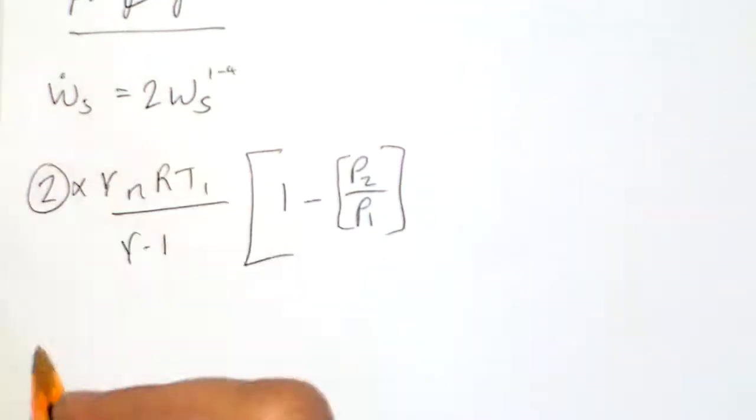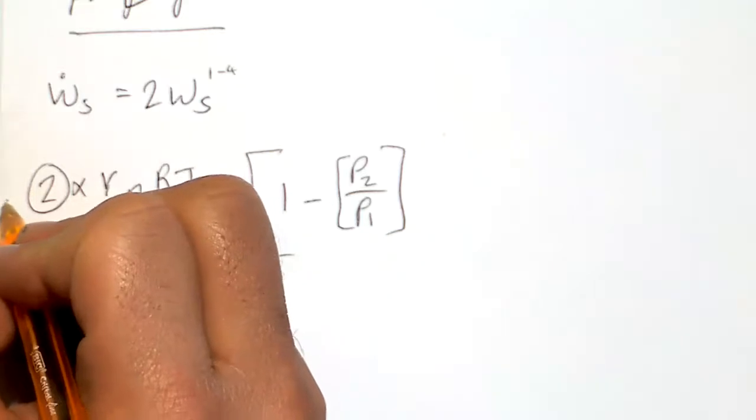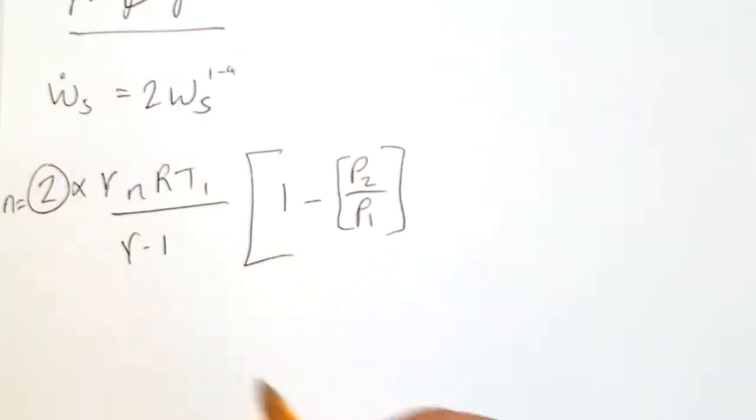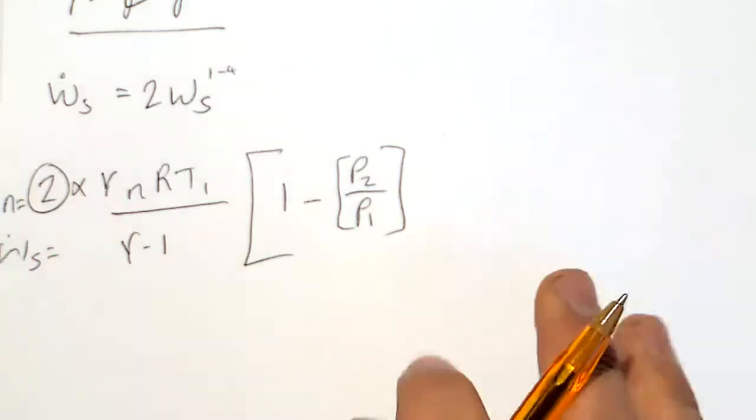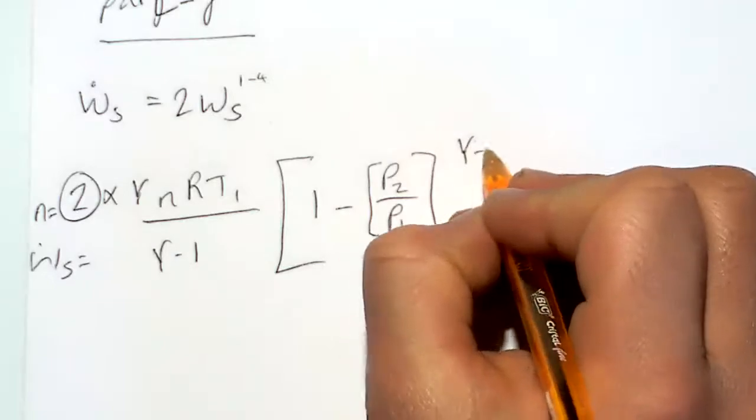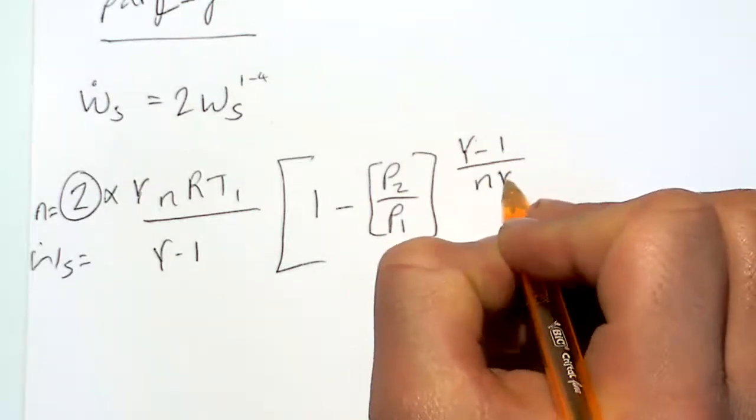Remember 2 is the number of stages, so n equals 2 in this case. This is shaft work. Therefore gamma minus 1 over n gamma, which was missing.